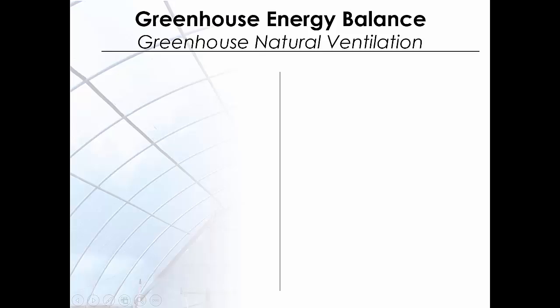Now let's look at greenhouse ventilation and talk about the natural ventilation process. Since the greenhouse covering prevents the internal air from being mixed with the external air, ventilation is necessary to transport energy and mass into and out of the greenhouse.